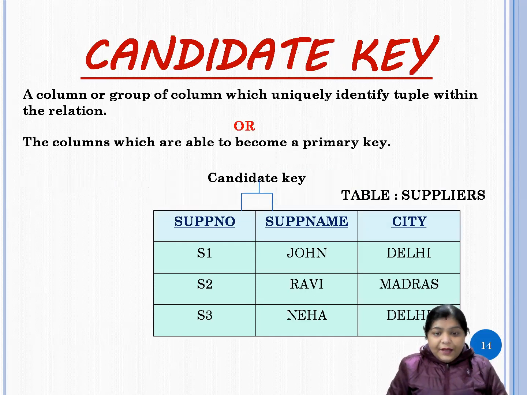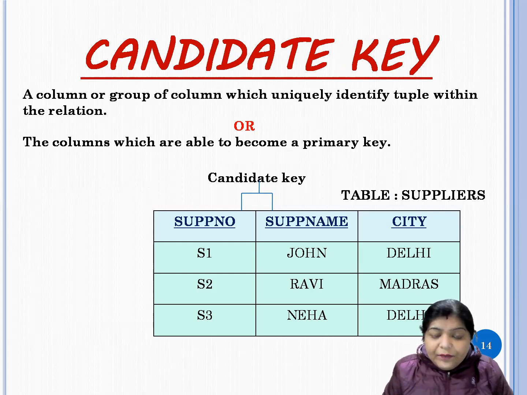Next is a candidate key. So what is a candidate key? It is a column, meaning one single column or a group of columns, which uniquely identifies the tuple within the relation, or the columns which are able to become a primary key.